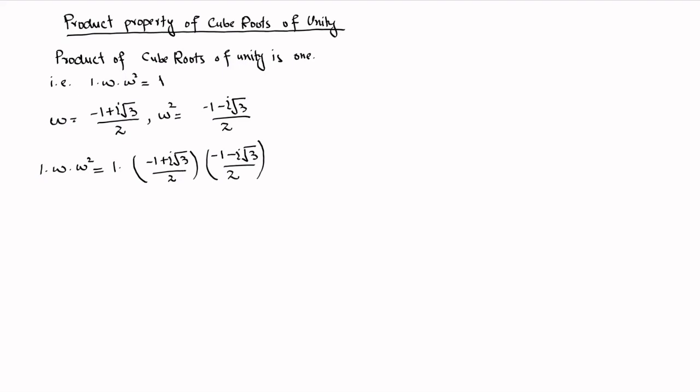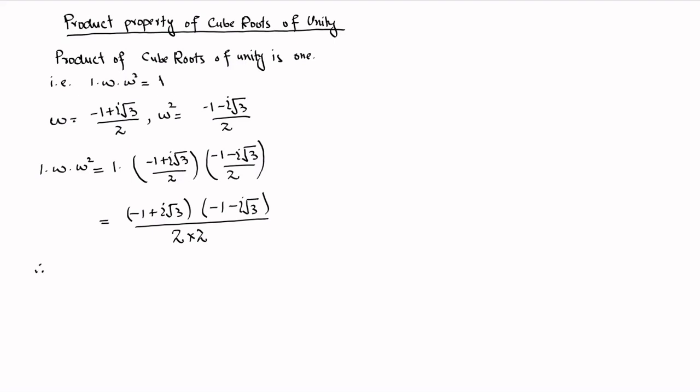Now any number multiplied with 1 is the number itself. So we have minus 1 plus iota square root 3 multiplied with minus 1 minus iota square root 3 divided by, in the denominator we have 2 multiplied with 2.